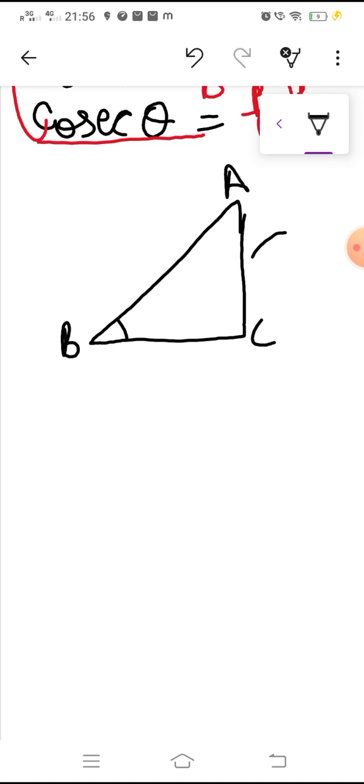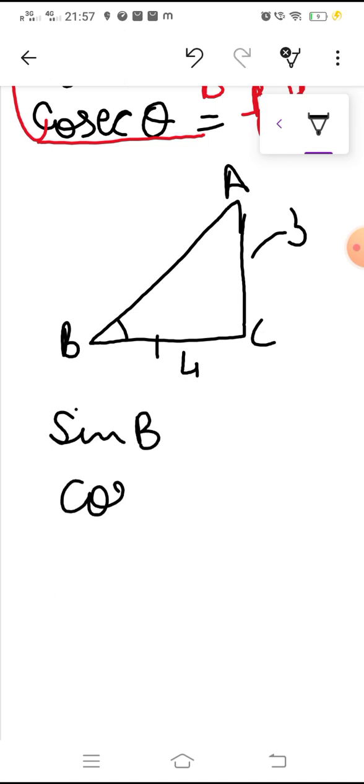And this value is 3, this value is 4. Now I'm saying find out the value of sine B, cos B. You can find out sine, cos, tan, cosec, anything. So what is the value of sine B and cos B?